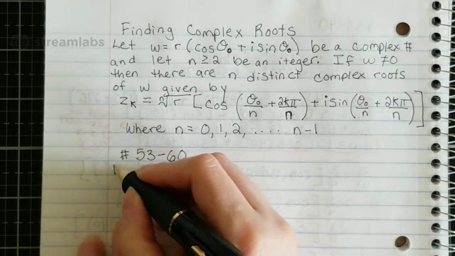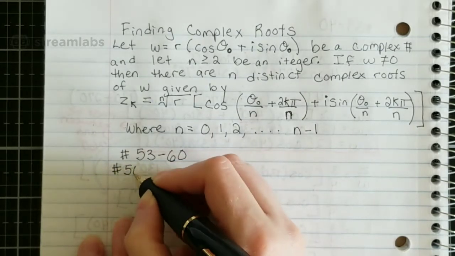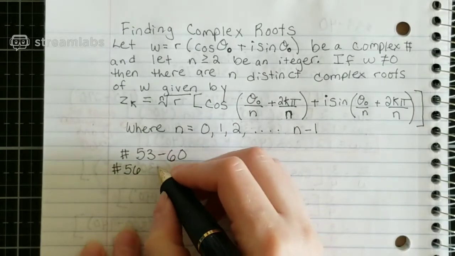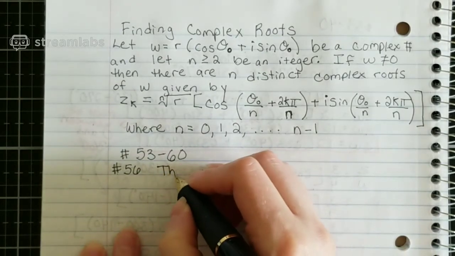And we're going to actually do number 56. Okay, so it says the complex cube roots of, and then that gives you the problem. So this is really important that you read the words they give you.